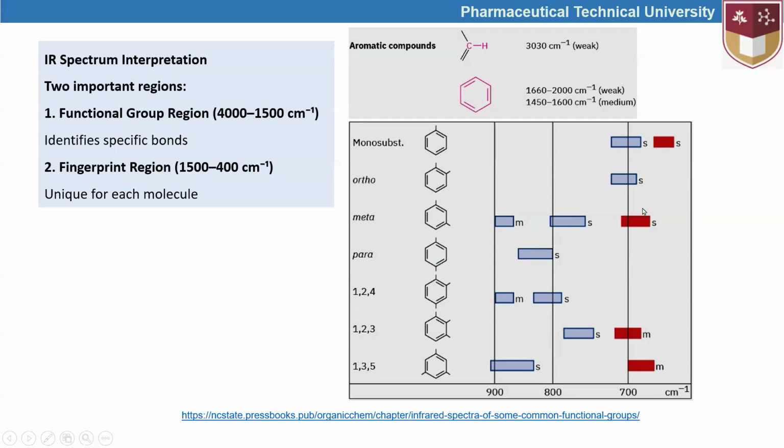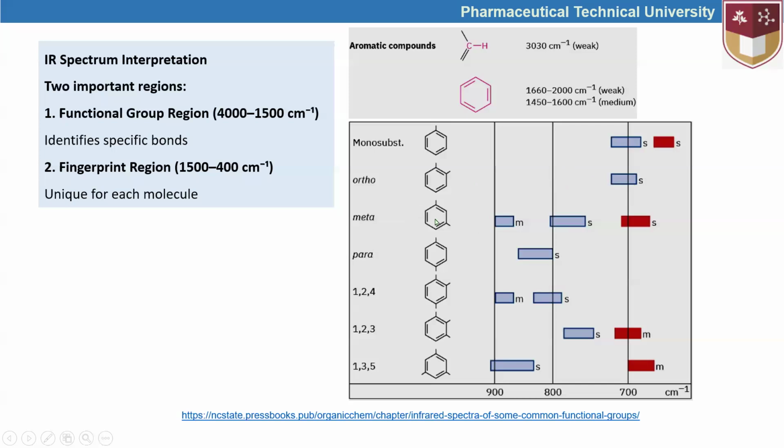Here we can see the changes in shifts. If it is ortho derivatives, we can claim higher stability of this compound compared to the monosubstituted derivative, because the vibration of the skeleton is not increasing.